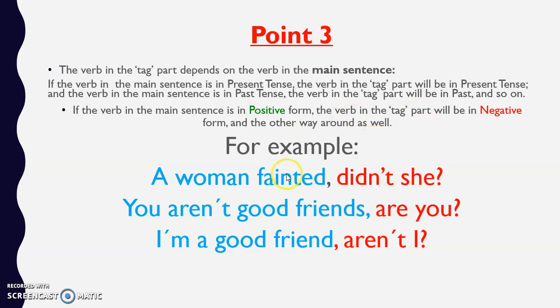Another thing that is very important: if you have an affirmative statement, your question tag is going to be negative. Check this out. We have here the verb in the affirmative form, so our question is going to be made in the negative form. On the other hand, if you have the main statement in negative form, you are going to put your question tag in the affirmative form.